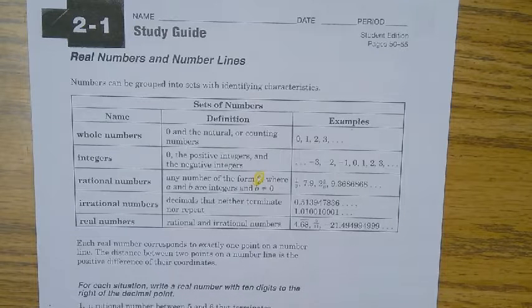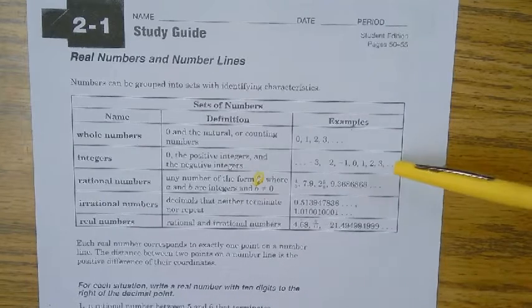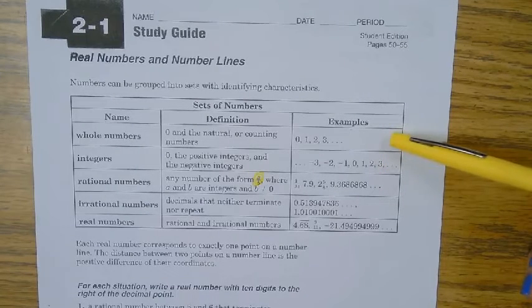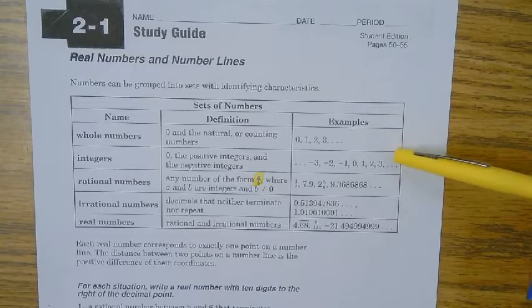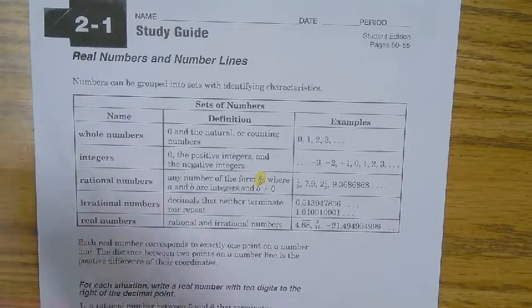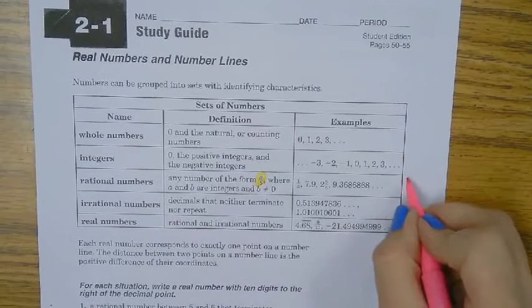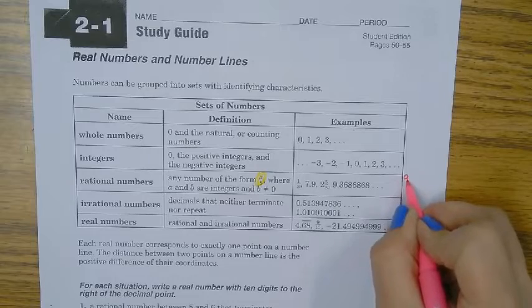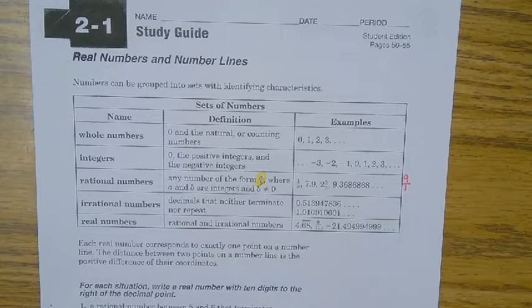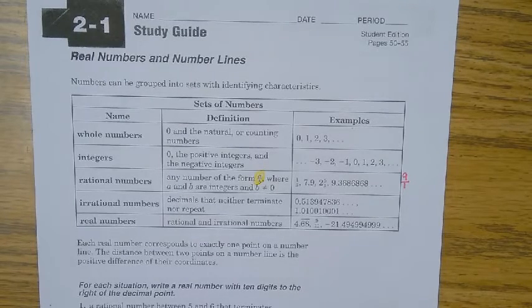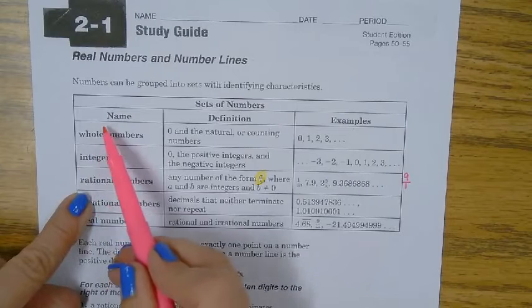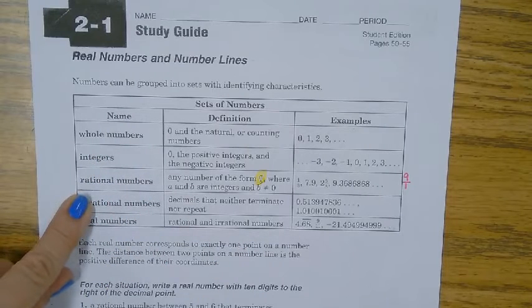So you have to kind of think, can these numbers up here be written as a fraction? Yeah, if you put it over a 1, right? So like if I have the number 9 and just put it over a 1, that's a fraction, right? So integers and whole numbers are also rational numbers.